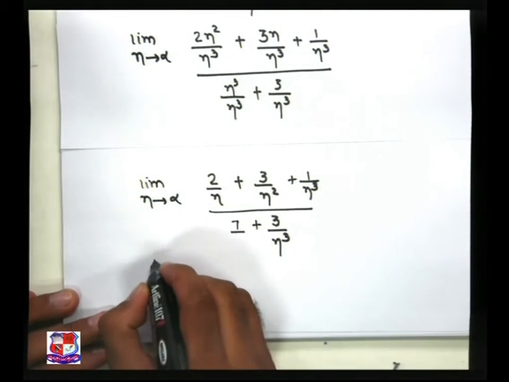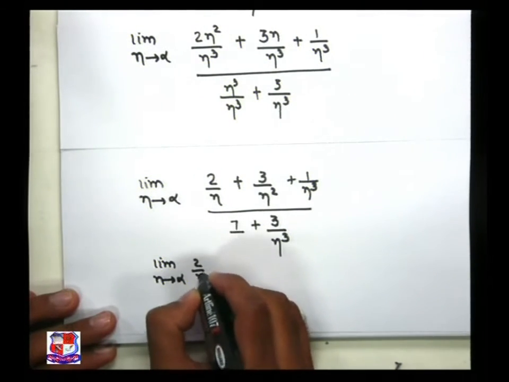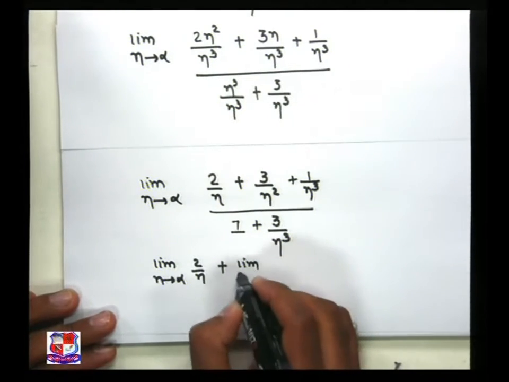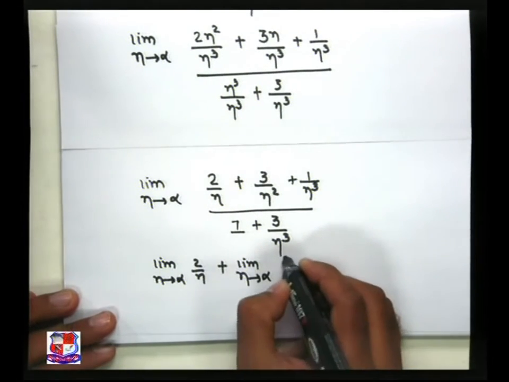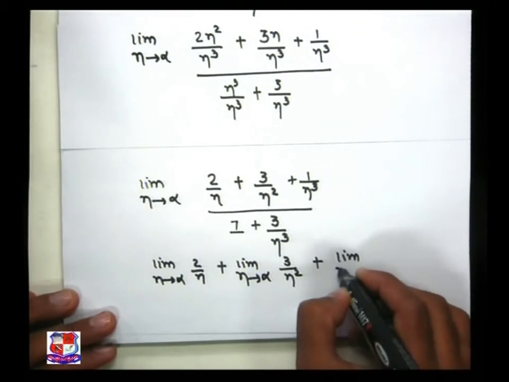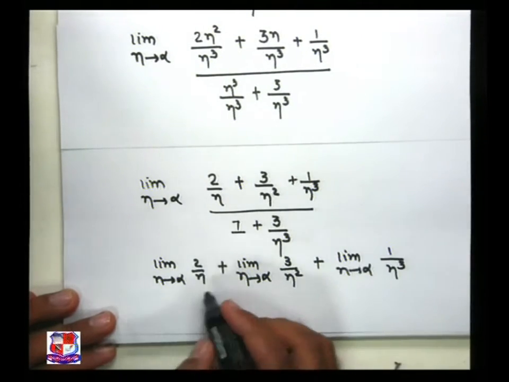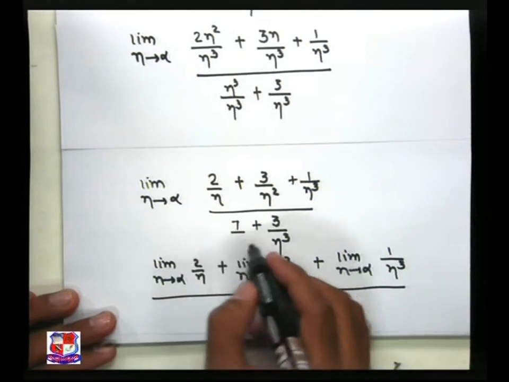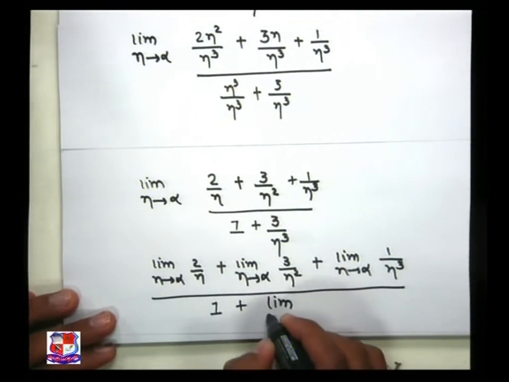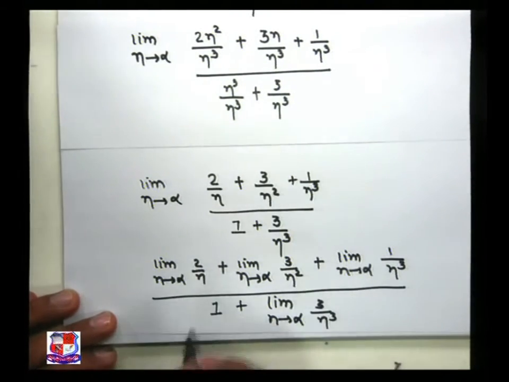So we write limit n tends to infinity 2 by n, plus limit n tends to infinity 3 by n square, plus limit n tends to infinity 1 upon n cube, all divided by 1 as it is, plus limit n tends to infinity 3 by n cube.